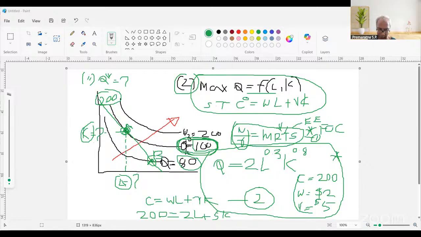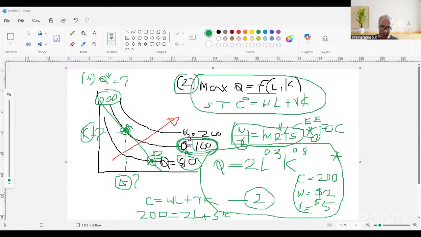So there is the new labor recruitment, new capital recruitment you need, and the additional budget from this budget line to this budget line shift you have to find. So that must be one of the exam questions. I hope you understood. If you did not understand, you can ask me any question.